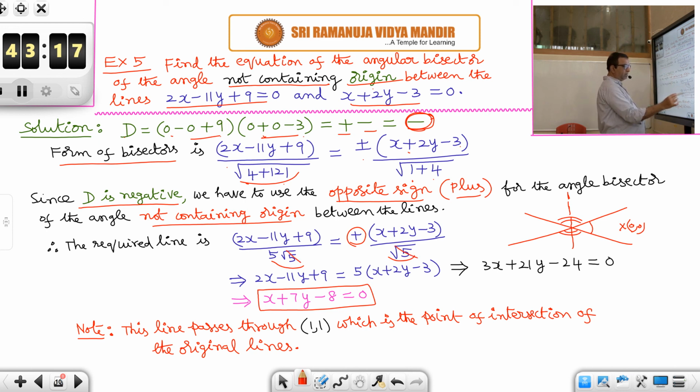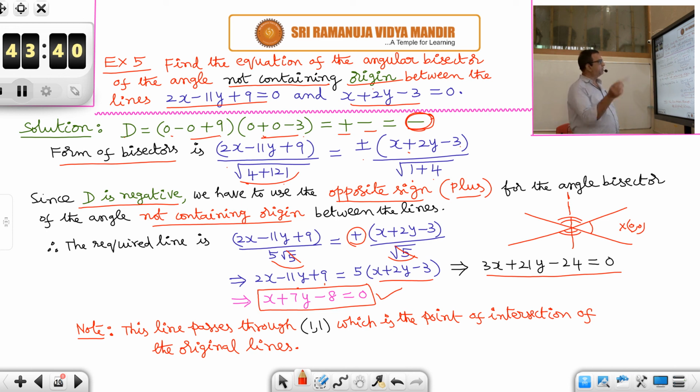Multiply by 5. So 2x minus 11y plus 9 equal to 5 into the bracket x plus 2y minus 3. If you simplify, you will get 3x plus 21y minus 24 equal to 0. Divide by 3, you get x plus 7y minus 8 equal to 0. So this is the angular bisector of the angle not containing the origin between the two lines.